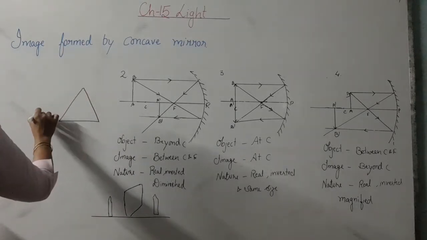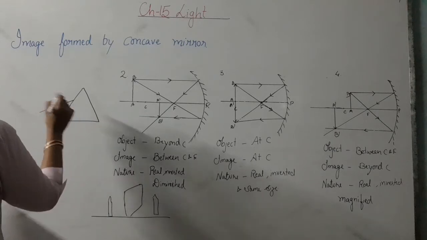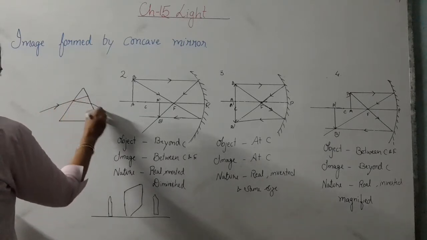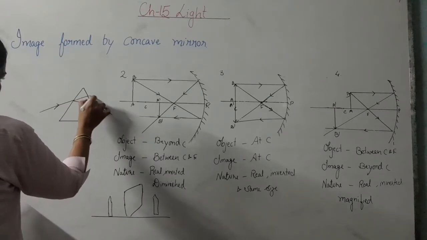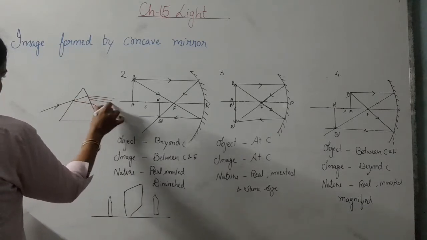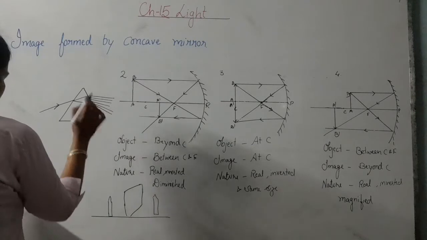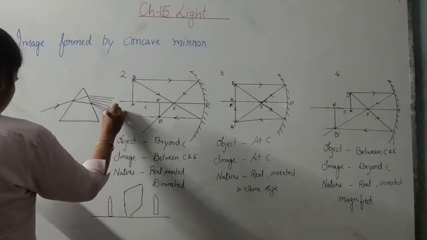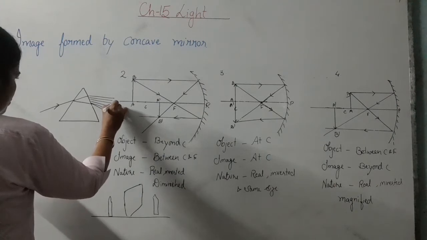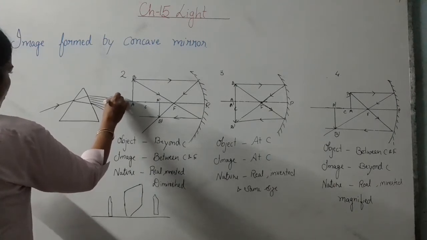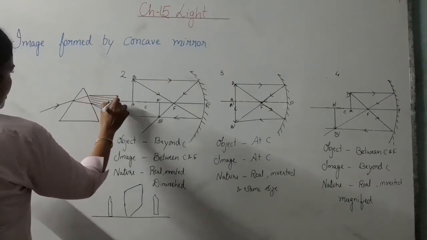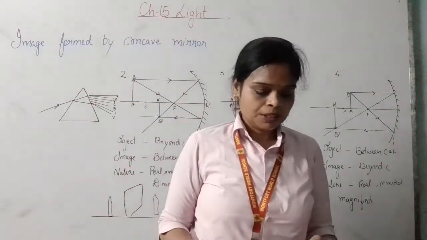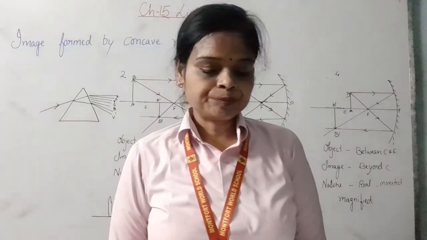When the white light is incident on it, it splits into 7 colors. V, I, B, G, Y, O, R. VIBGYOR. So this is the diagram which you have to draw. Next question.